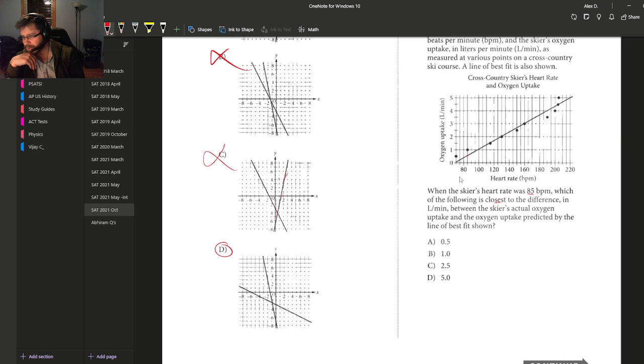Predicted is like 0.5, so 0.5 and 1, it can't be bigger than 1, can't be equal to 1, because that's definitely not equal to 1. So that has to be it. And we're looking on these line of best fit things. The prediction is the line, and the actual is the dot. So just pay attention to that.